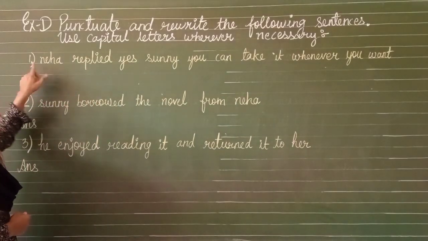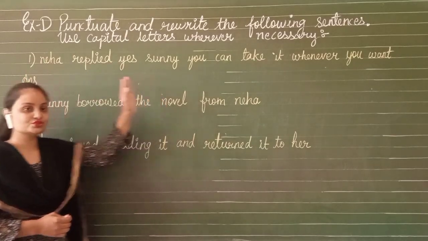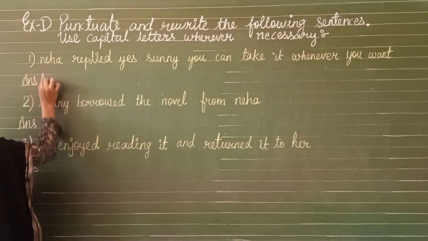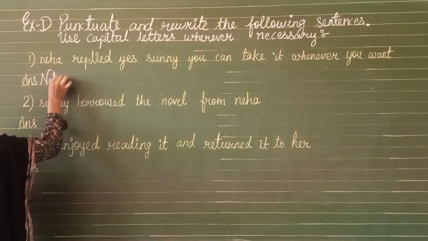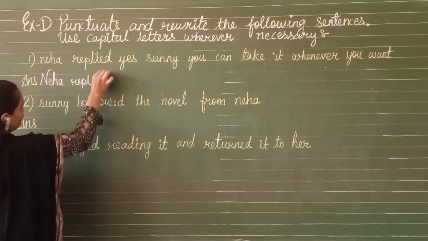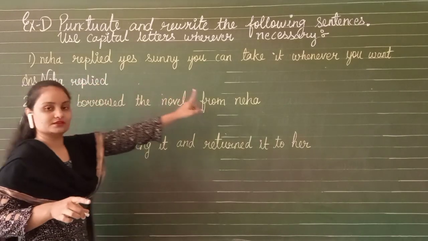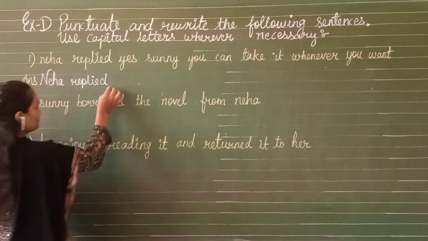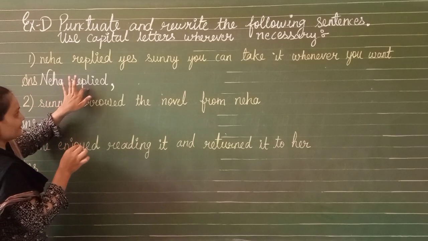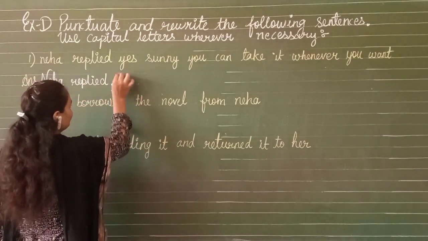Before reading further, we should know that the first letter should be capital. So capital Neha replied. Replied means this is the answer given by Neha, so we will separate it with a comma. Neha replied, comma, yes.